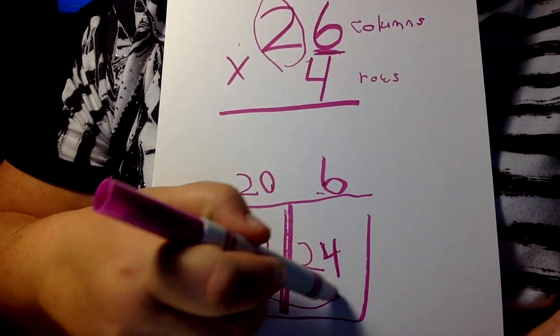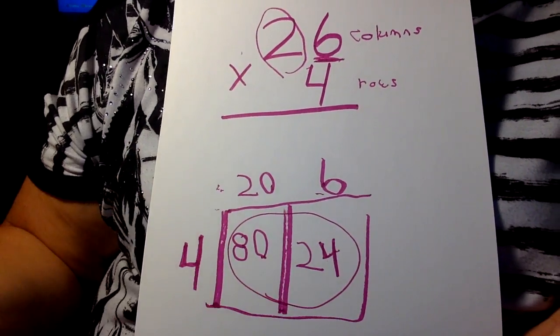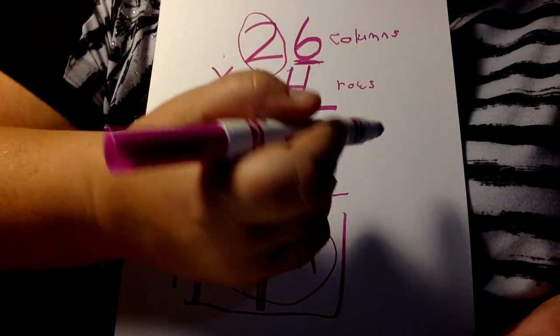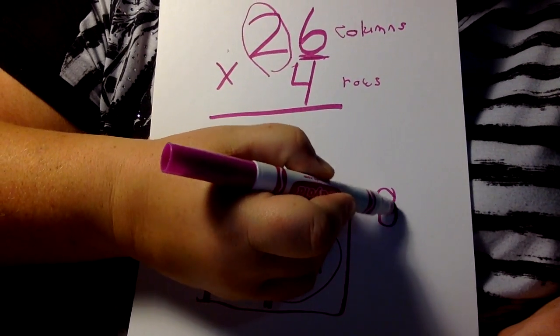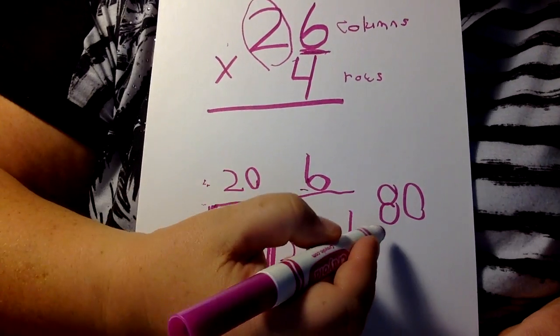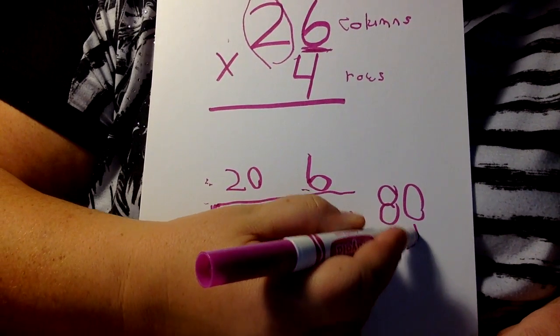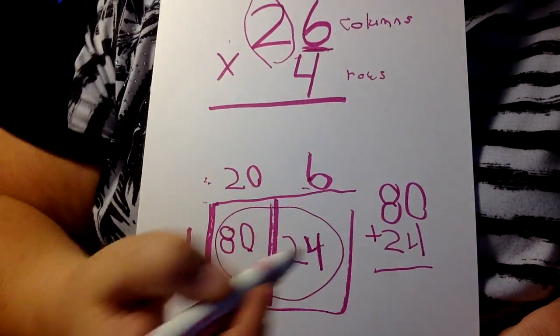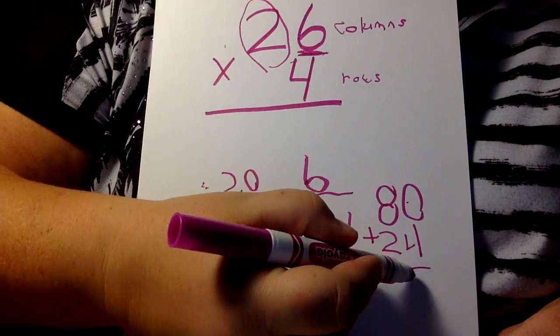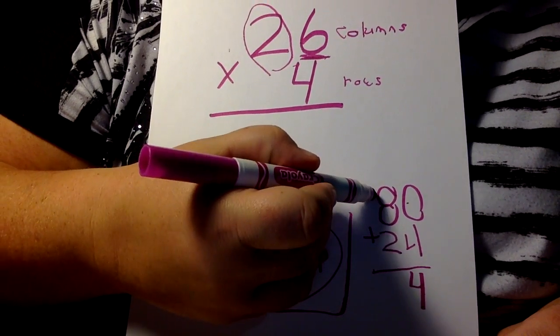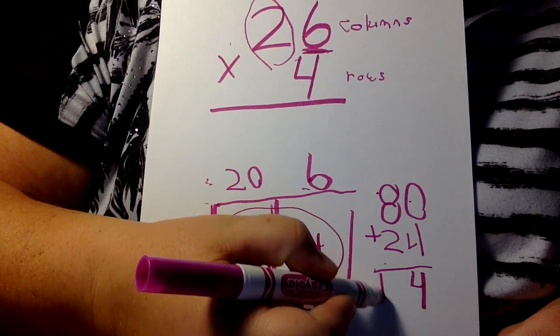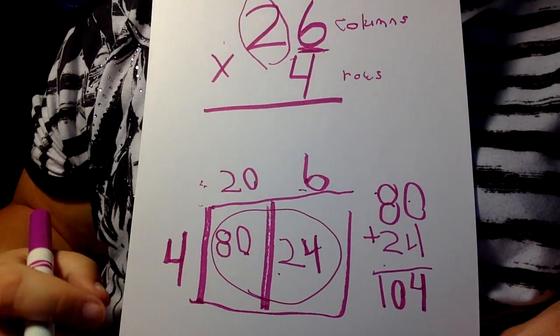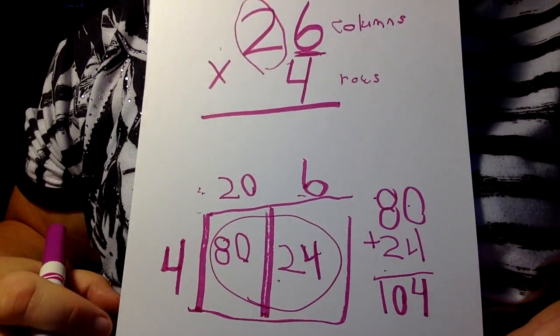Well, if you're thinking we should combine these two numbers for the answer, you're right. That's exactly what we should do. So we're going to take 80 and 24, and we are going to put them together. 0 plus 4 is 4, and 8 plus 2 is 10, and the answer is 104.